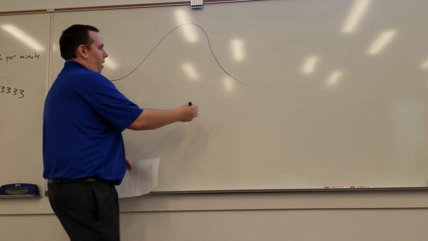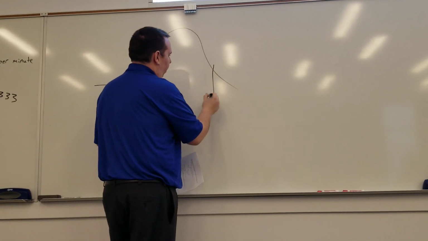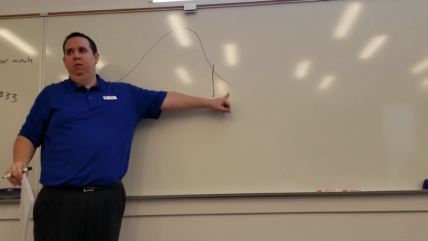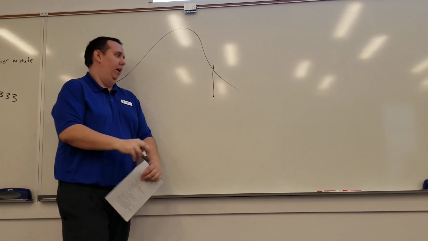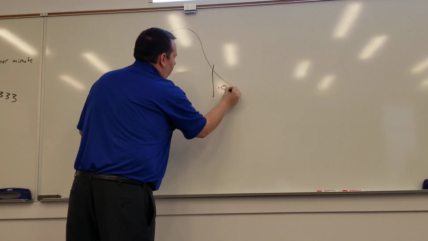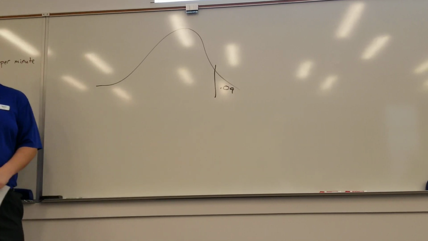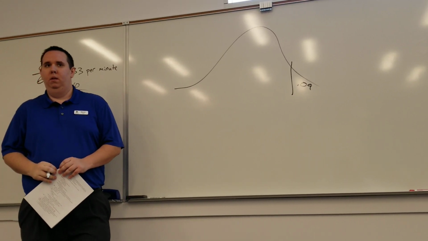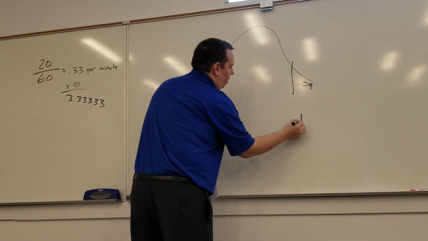Over at the right tail, right? So, over here, what's the area to the right? 9%, right? So that's 0.09. So the area to the left would be what? 0.91.